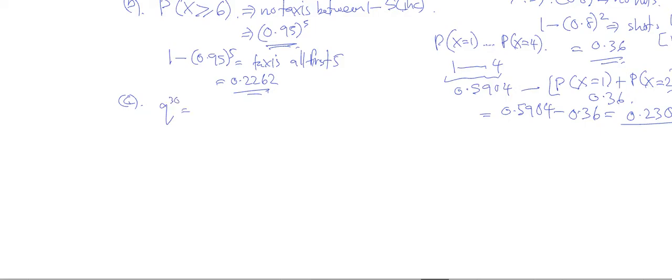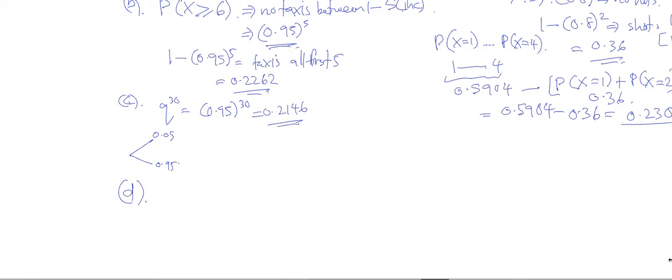If you write this down as a probability tree diagram, see taxi 0.05, no taxi 0.95, you can just keep going 30 times. No taxi, no taxi, that's what Q to the power of 30 is, which is the same as 0.95 to the power of 30, and your answer is 0.2146.